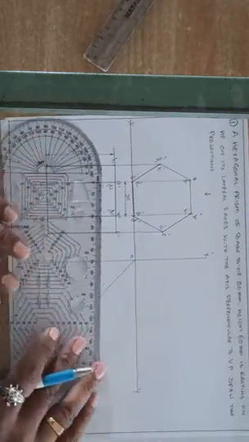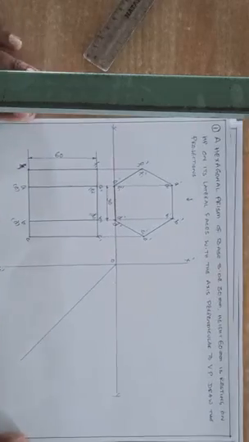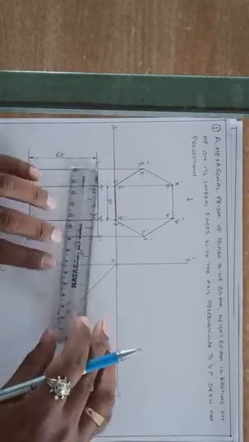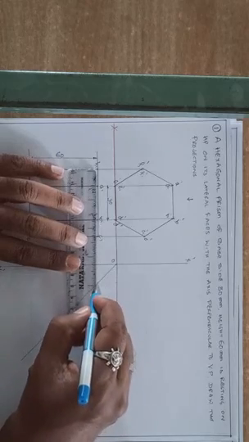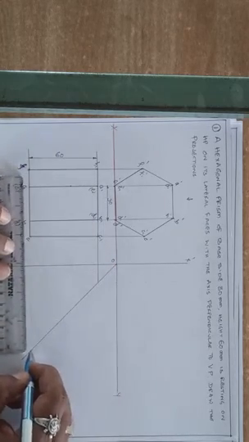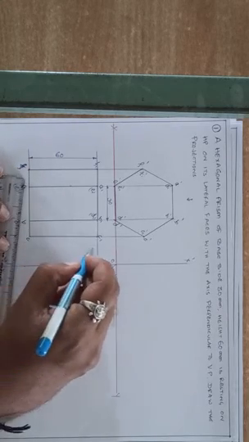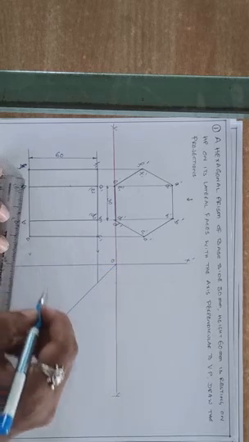Now we have to draw the horizontal projectors from the top view, up to this inclined 45 degree line. You can use arrow marks.